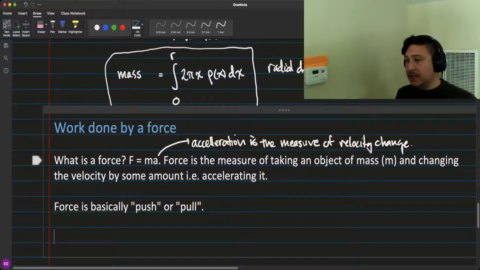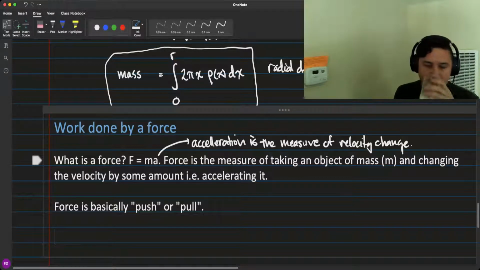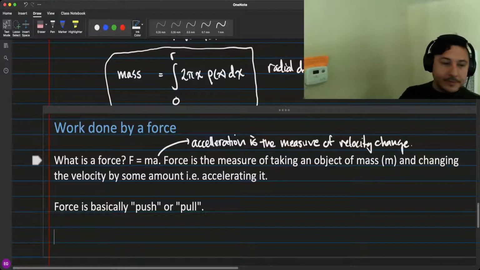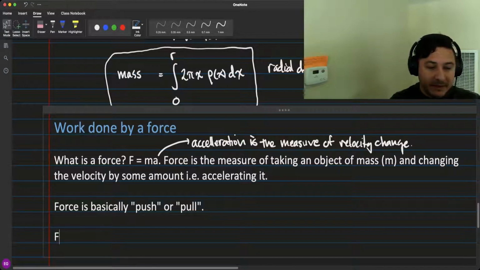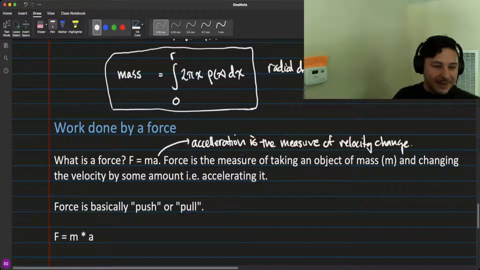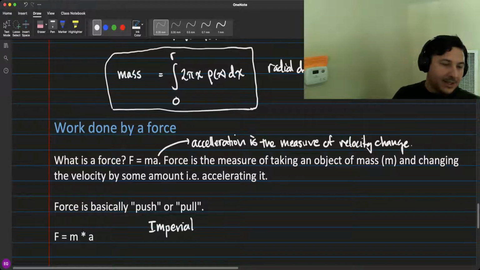So actually, this is a good time to talk about the units involved in this, because this is something that usually screws with people. You have to remember that force is a mass times an acceleration. So let's talk about the good old imperial system. Does anyone know what the measure of mass is in the imperial system?